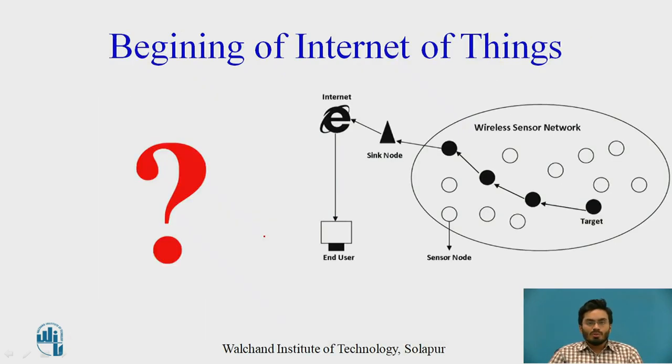So to begin with the definition, if you are able to see on the screen, I have focused on a small diagram which says wireless sensor network. The reason we need to discuss wireless sensor networks here is that inside this oval, as you're able to see, we have a couple of sensors.